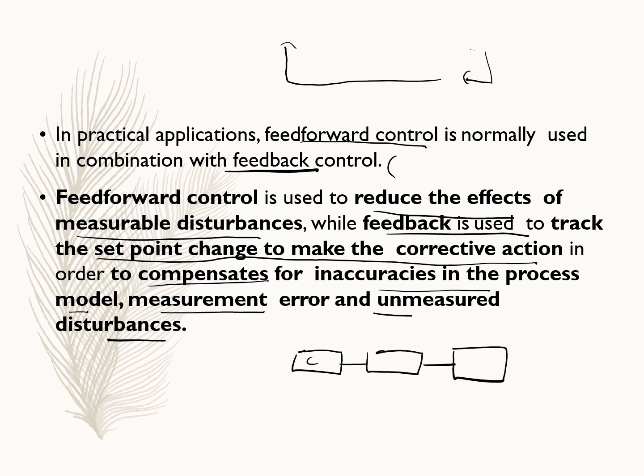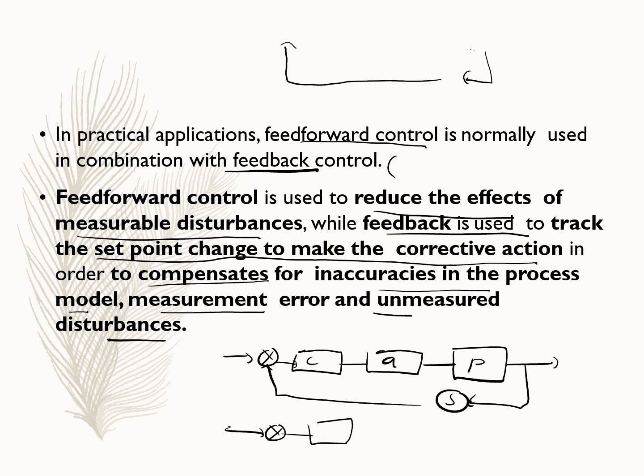just now we have controller, actuator, process and output. So we have input. Okay. So feedback is like this, right? Sensor goes back here. So in feed forward, the variable is measured at the disturbance side.